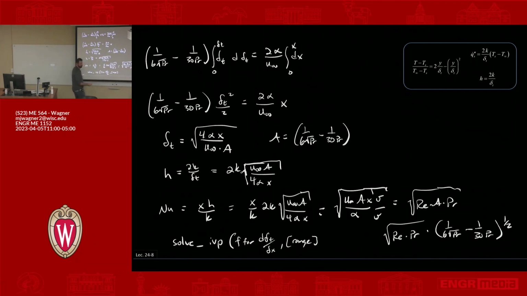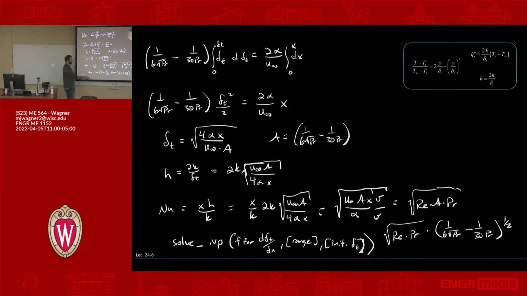And then the last thing would be you need to give it some initial delta t. Normally that would be 0, but for the ODE that you guys are going to hopefully derive, it will have delta t in the denominator.